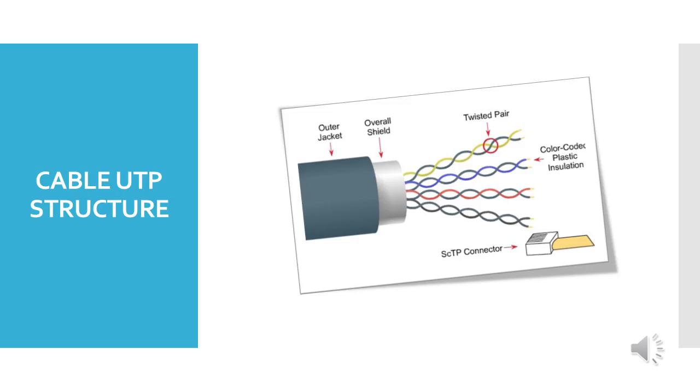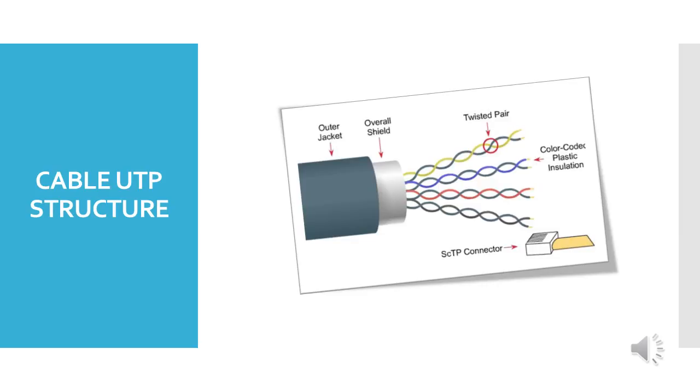Hello, I am Enrique and my topic of exposition is the UTP cable structure. The structure of the cable, from the outside to the inside, is outer jacket, overall shield, and twisted pair.